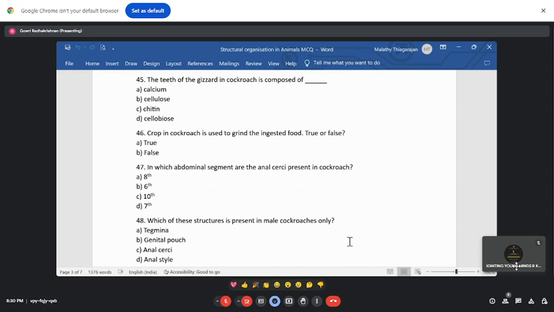True or false? What is the function of the crop? To store the food, digested food or whatever the food. It is the place in cockroach where food is stored, isn't it? That is a sac-like structure located after the esophagus, where the food is stored. That is called the crop. Okay, now tell me, is the answer to this question true or false?